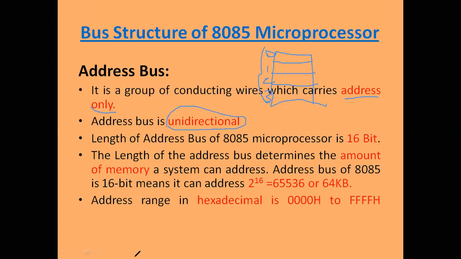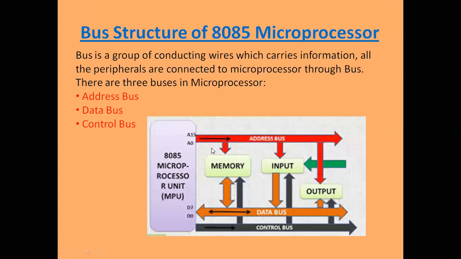Then we have one special line which we call the chip select line. That chip select line will select that particular input device. Because in your previous diagram, buses are connected with every peripheral.